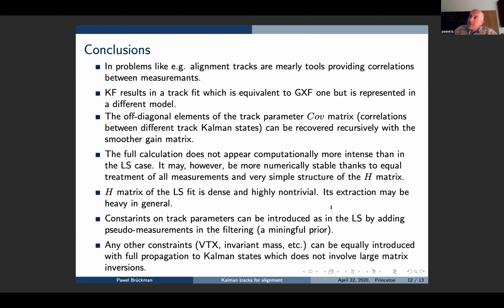Imagine many tracks, each with many measurements, and trying to extract the covariance by means of a global fit, so a least squares fit. That is usually computationally more demanding. That's all from me. Thank you for listening.